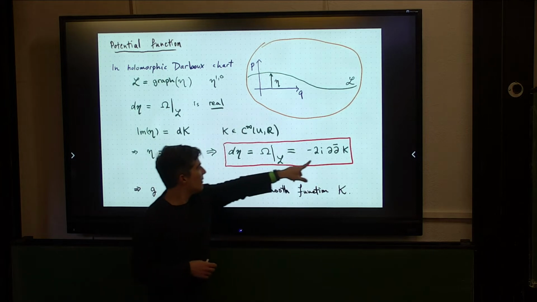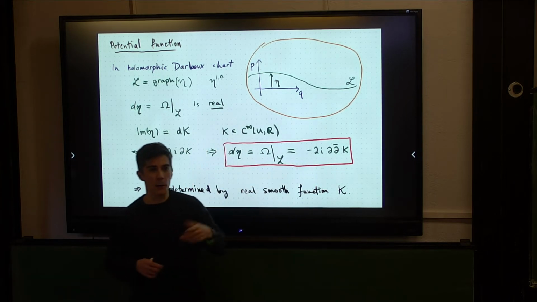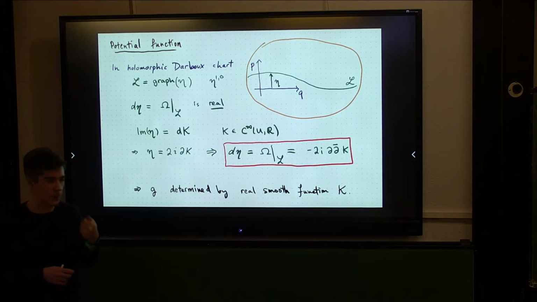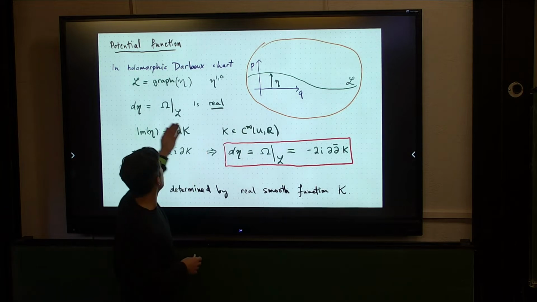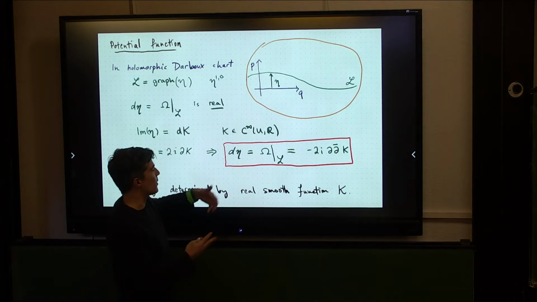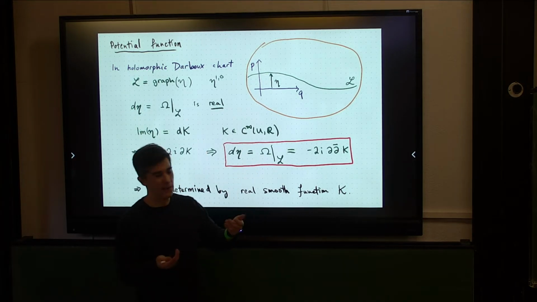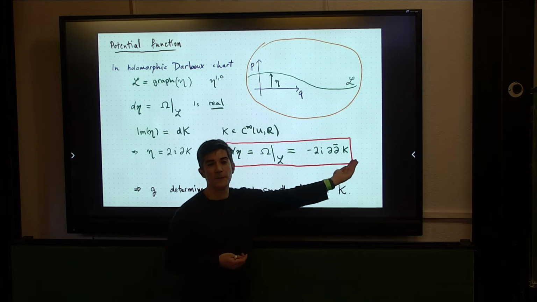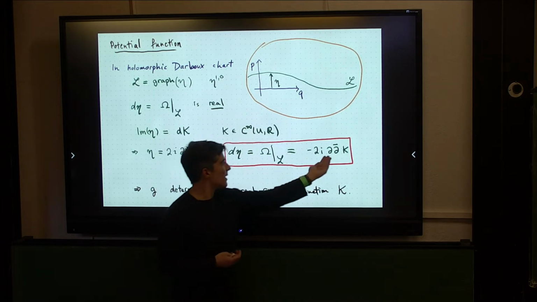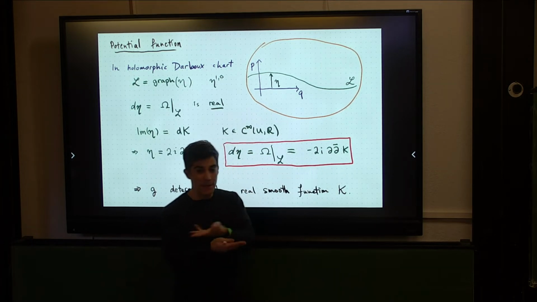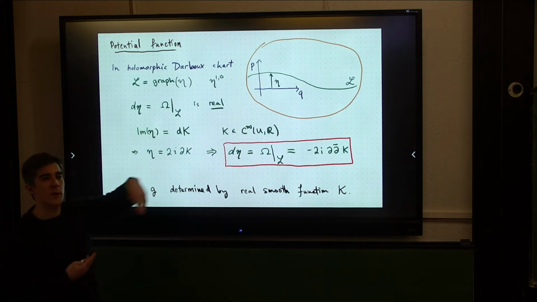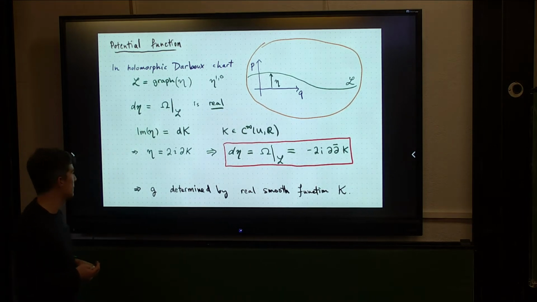Okay? So we recover something like what you're used to in Kähler geometry, which is that the tensor which determines the metric, namely the symplectic form, is d bar of a function. But the problem is that this is not happening on the base manifold. It's happening on this auxiliary space. That's the difference.